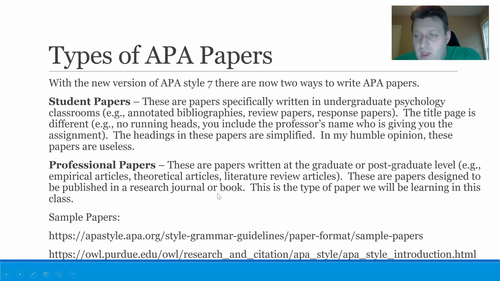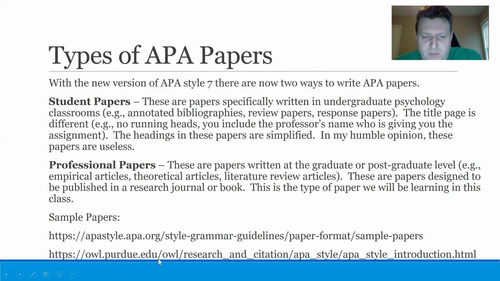Okay. In case you want some examples of what to do, here are two good links where you can download some APA style papers that might help you out when writing your own. I strongly encourage you to look at these resources. Here is the APA's website where they talk about how you should write papers.